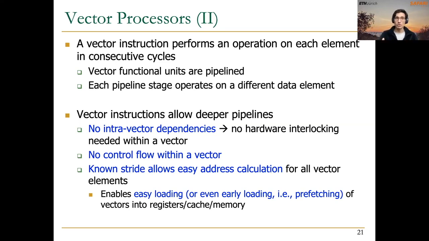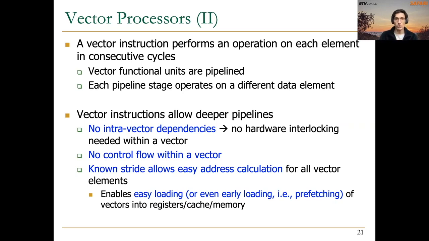So we assume that all these elements in the vector register are independent of each other, and the computation that happens on them is completely independent of each other. And the same happens for control flow as well. There is no control flow inside a vector. Why is that? Because it's a single instruction and it is the same instruction for all the elements. Nevertheless, we'll discuss soon how we can enable control flow in vector processing and in SIMD processing in general.